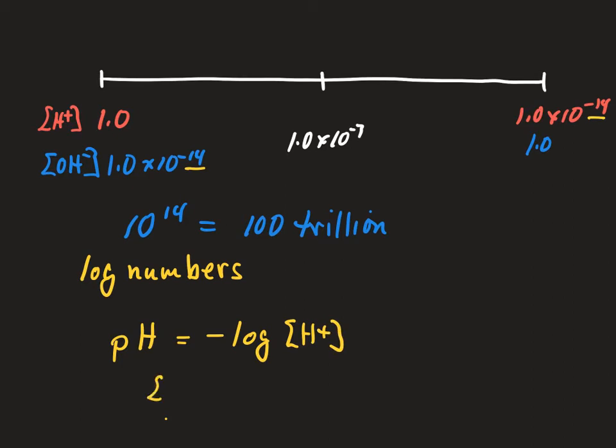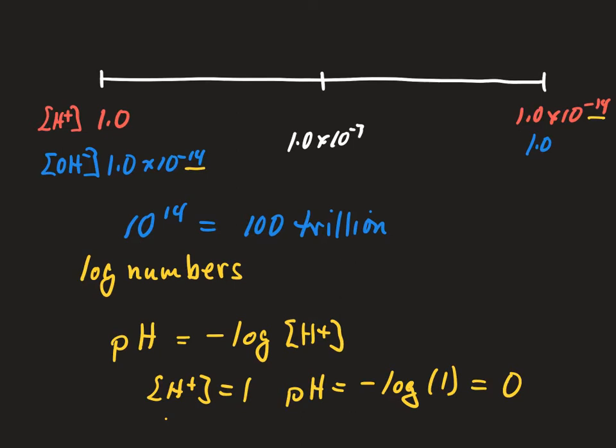So if the concentration of hydrogen ions is 1, the pH is equal to the negative of the log of 1. The log of 1 is 0, negative 0 is 0, right?